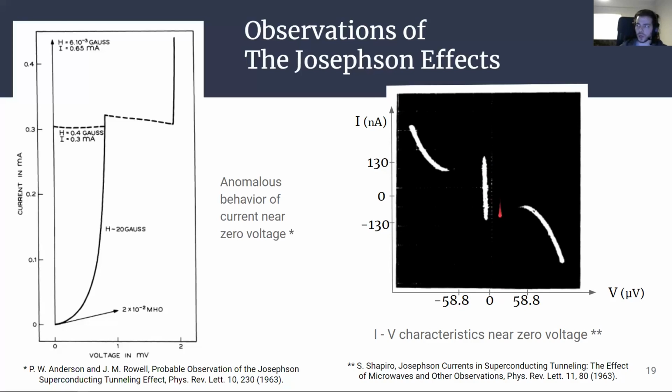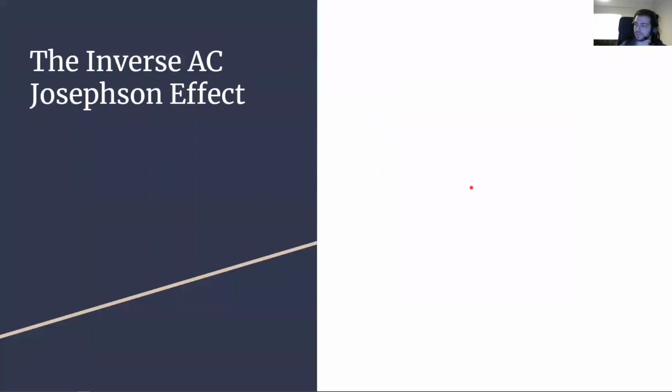You cannot observe any current until you apply some more voltage, which gives you some net current. But here is our DC Josephson effect, and where we have 0 net current is where we have the oscillation and AC Josephson effect.